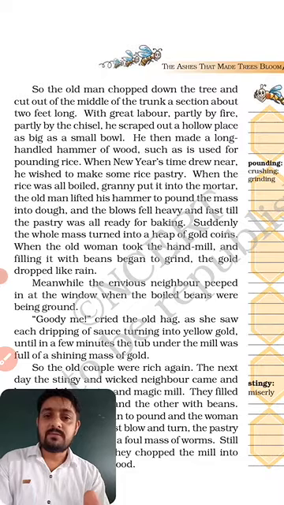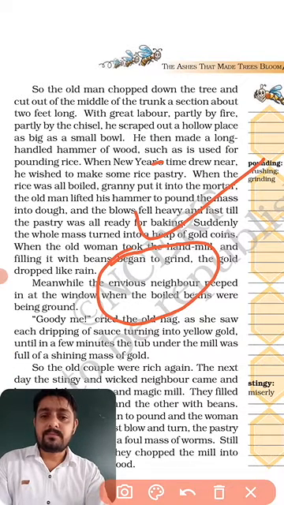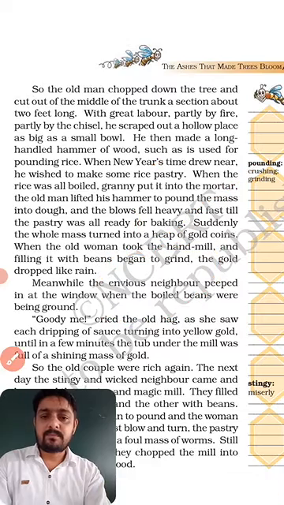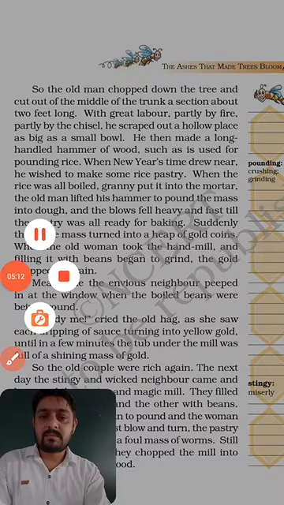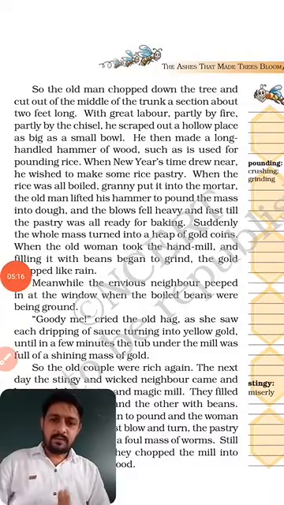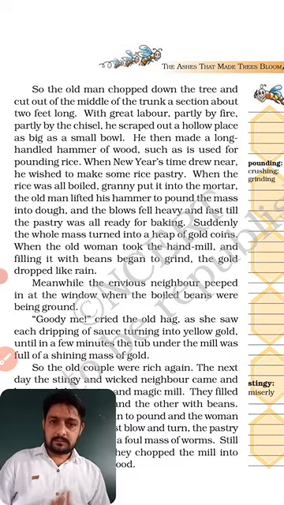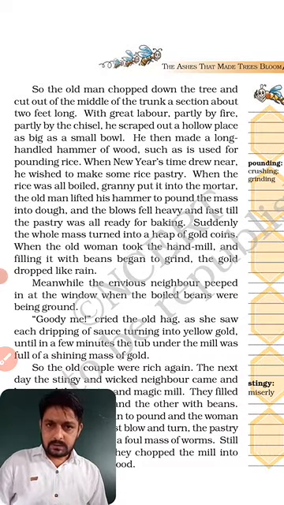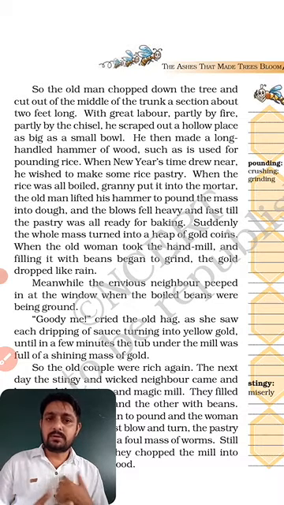So when the rice was all boiled, Granny put it into the mortar.